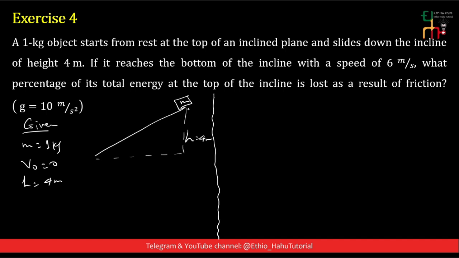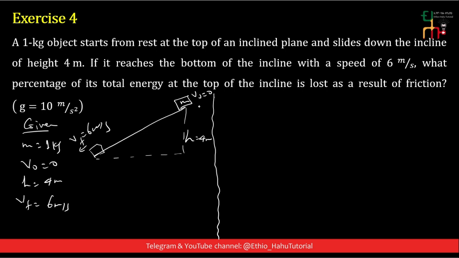This is the object that slides down this inclined plane. When it reaches the bottom of the incline, the final velocity is 6 meter per second. When the block reaches this, it has a speed of 6 meter per second. Here v naught is equal to 0.